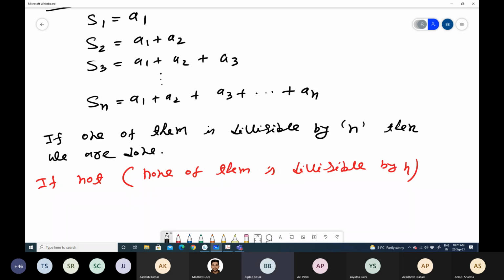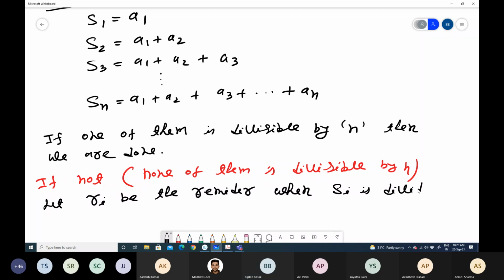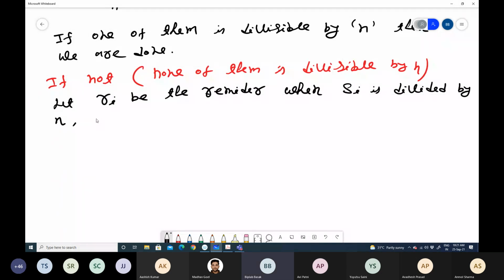So in that case, let Ri be the remainder when Si is divided by n, where 1 is less than or equal to i, which is less than or equal to n. So we have values R1, R2 up to Rn.